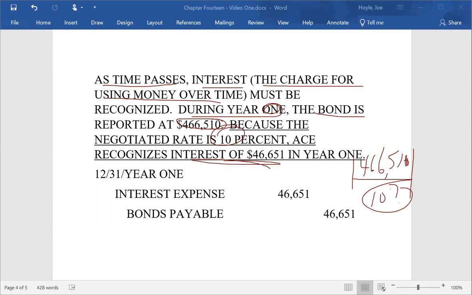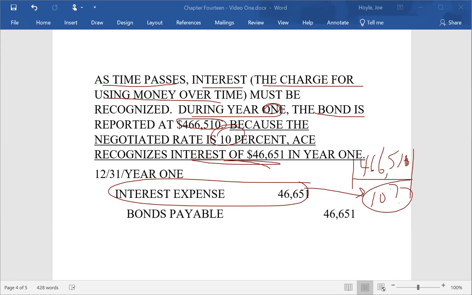of $46,651. That is 10%. That's what they negotiated. So we will debit interest expense for $46,651. That's 10%. Now, this is a situation, a zero coupon bond, where the interest is not paid as you go along. So anytime you record interest, but you don't pay it, then it must be compounded.